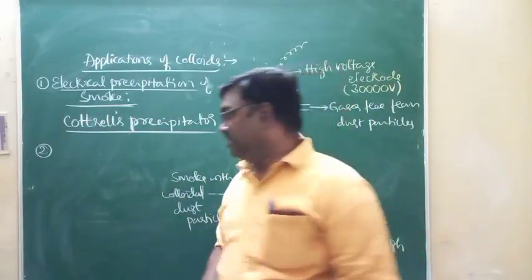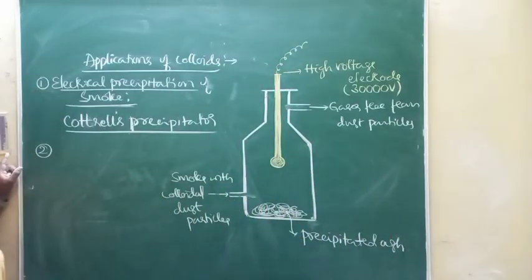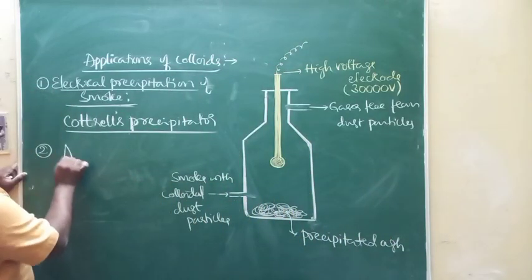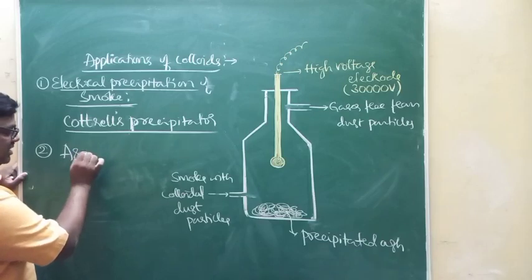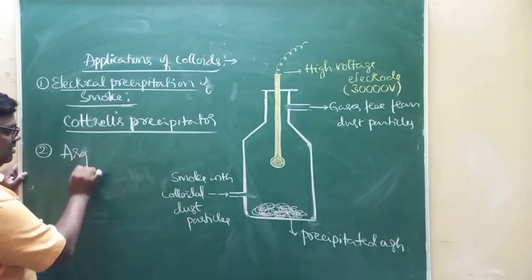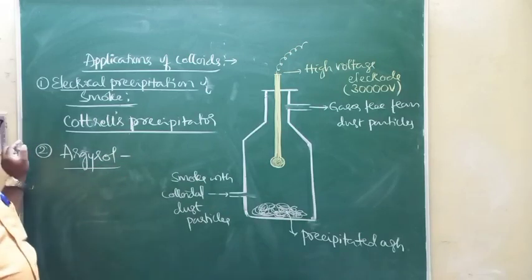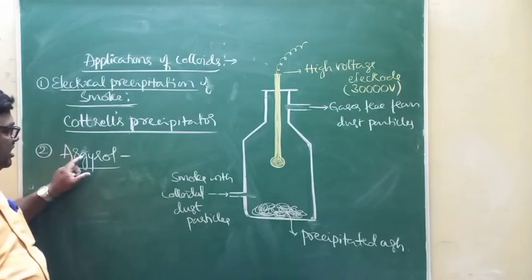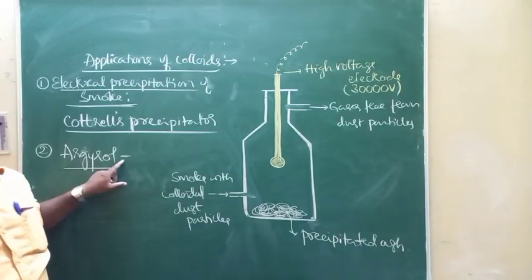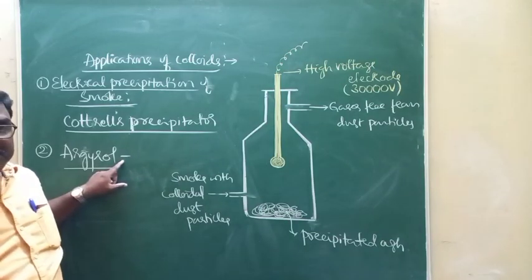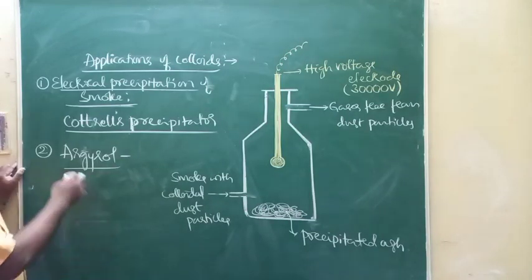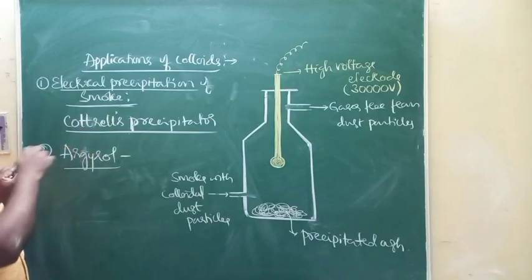As far as examples of medicines are concerned, we have one medicine that we call Argirol. Argirol is a colloidal silver used as an eye lotion. This is one example of a medicine which is colloidal in nature.